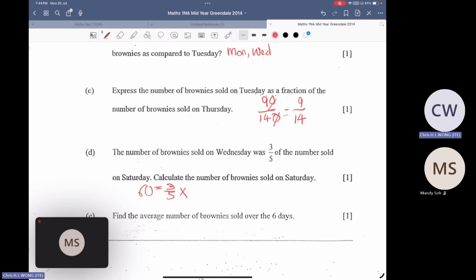Yeah. Yes. 3/5 the number sold on Saturday. Saturday you don't know. Let X be the brownies sold on Saturday.